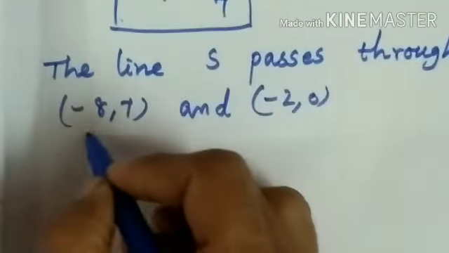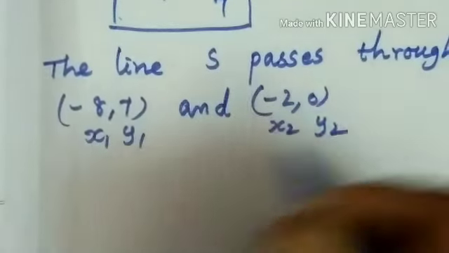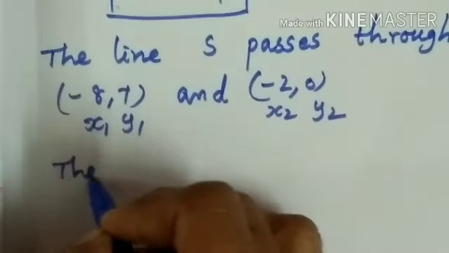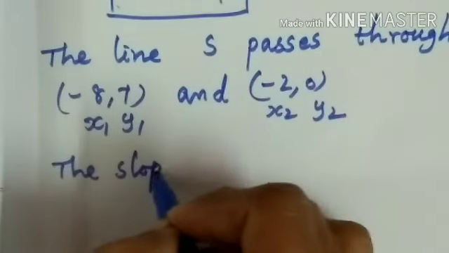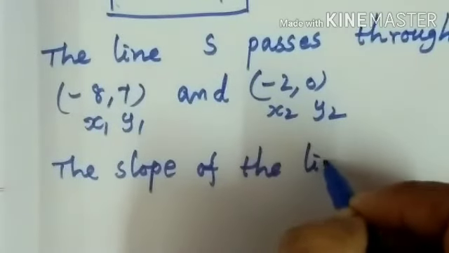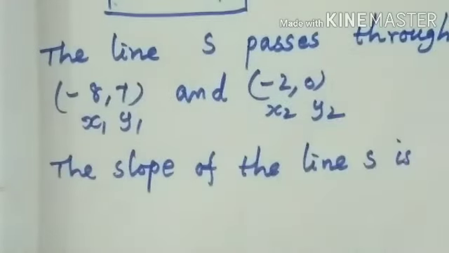Let us keep x1, y1, x2, y2. The slope of the line S is m2.